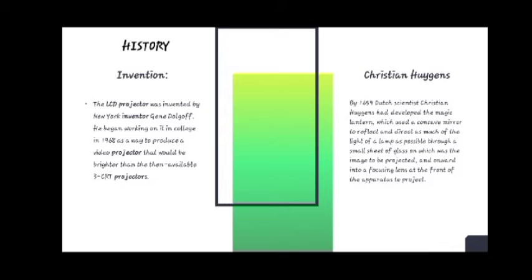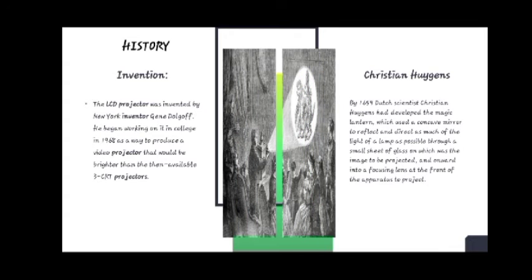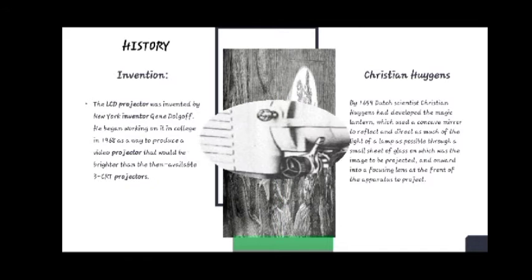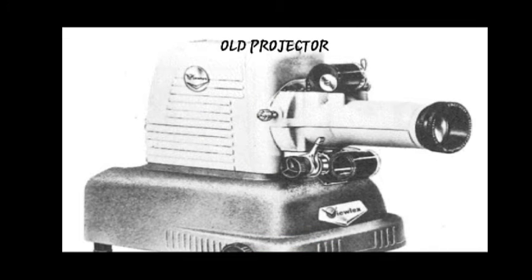He made a simple and usable device which was used to display images in the old days. Here is a diagram that was used to display images. This diagram gives a back view of an LCD projector.